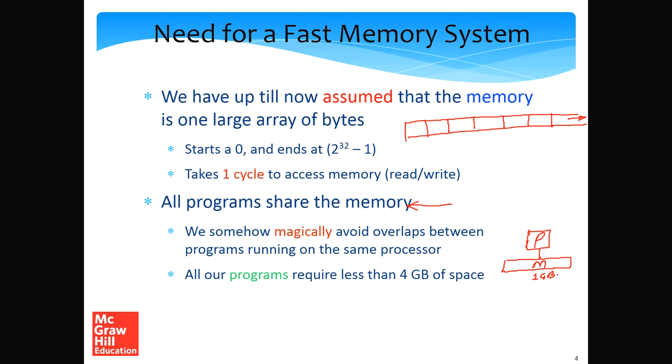It is also possible that we have, let's say, 64-bit addressing, and a program that requires 8 GB of space, and we have 1 GB of physical memory. So how would we run such a system? This is what we will discuss in the latter half of this chapter, when we discuss virtual memory.